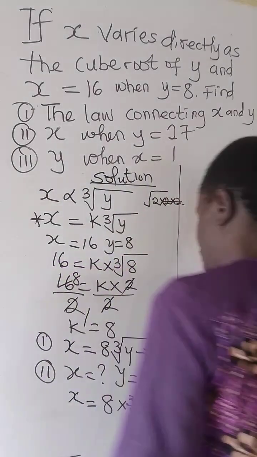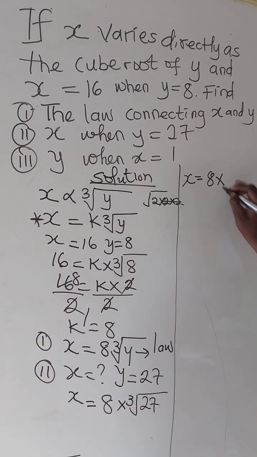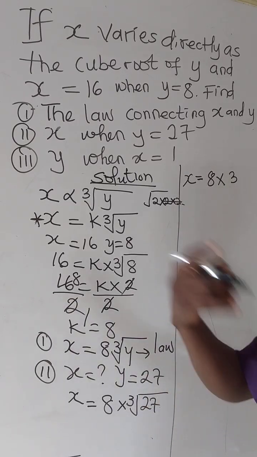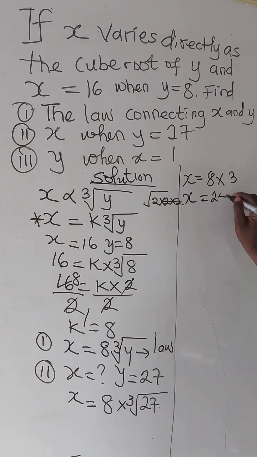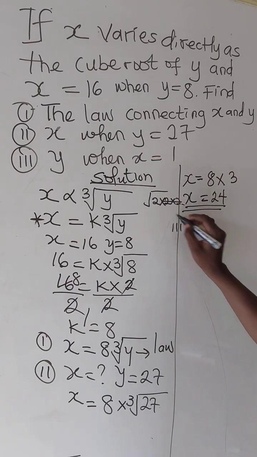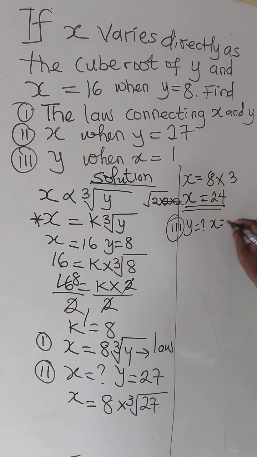The cube root of 27 is 3, that means 3 times 3 times 3. So we have x equals 8 times 3, which gives us 24. Now that's question 2.